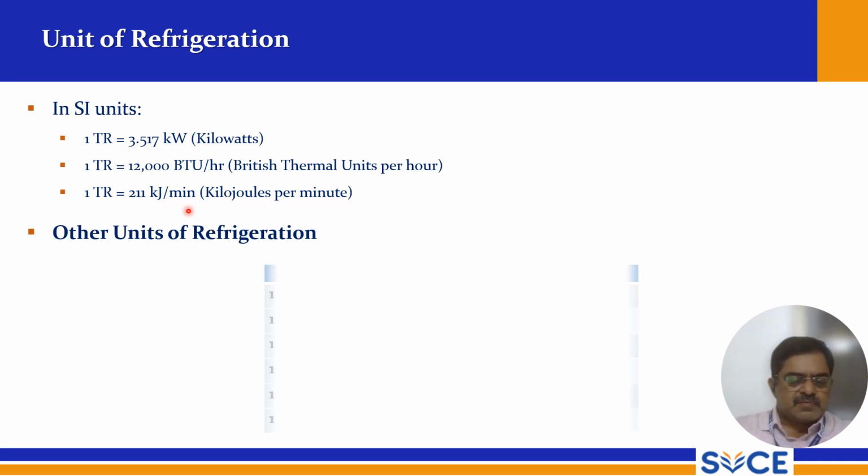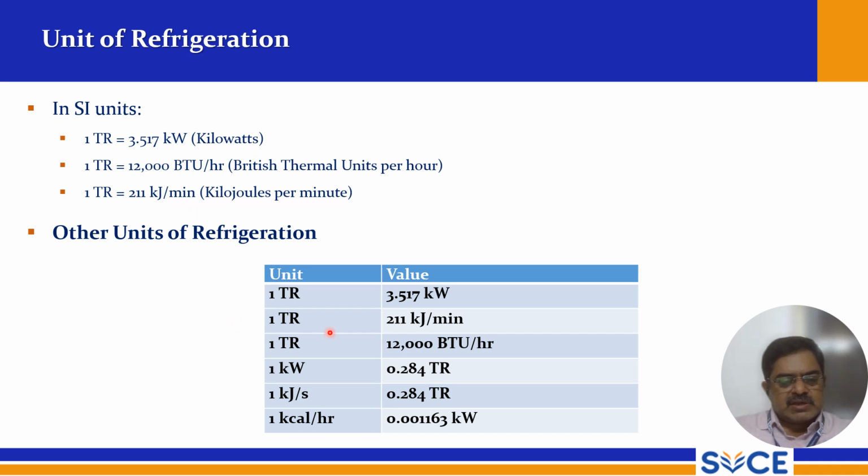Other units of refrigeration: you can see here 1 ton is the same 3.517 kilowatt. 1 ton of refrigeration equals 211 kilojoules per minute, and 1 ton of refrigeration equals 12,000 BTU per hour. 1 kilowatt, in terms of kilowatt, we can say it is 0.287 ton.